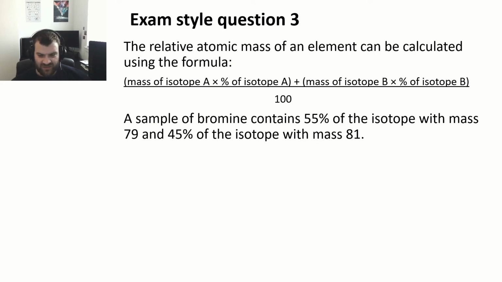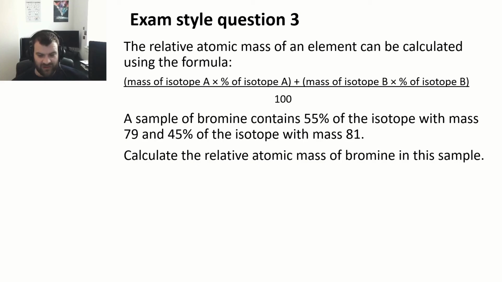So it tells us here that we've got 55% of mass 79 and 45% of mass 81. Your average has to lie between the two masses. The reason I'm saying that is if you start typing numbers into your calculator and you end up with a number that is not between 79 and 81, you've done something wrong. So you should go back and fix it.